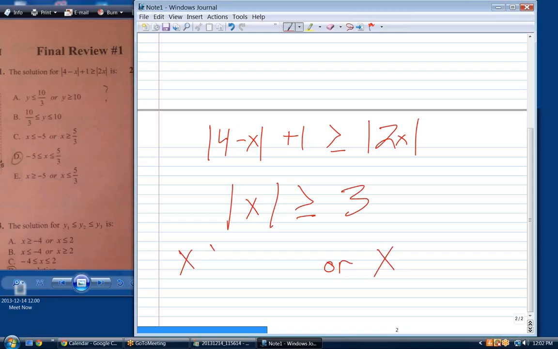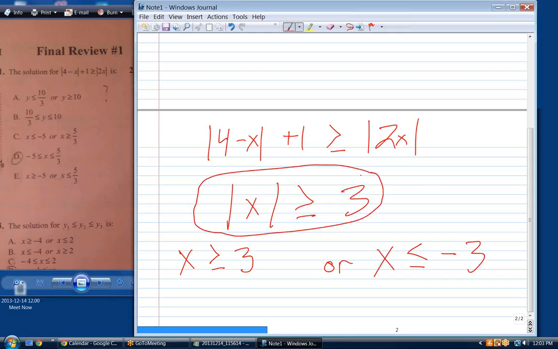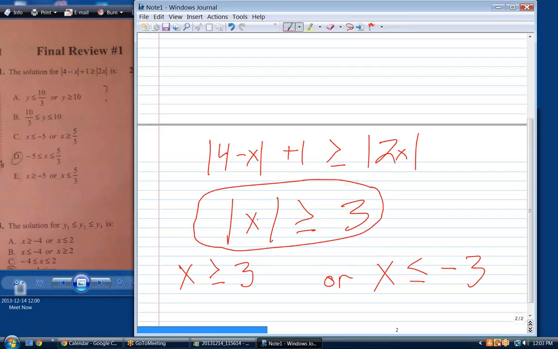It means that either x is greater than or equal to 3, or x is less than or equal to minus 3. In other words, whenever you solve an inequality containing an absolute value, that's what you have to do. And if it's complicated inside, like x minus 2, then you say x minus 2 is greater than or equal to 3, or x minus 2 is less than or equal to negative 3.